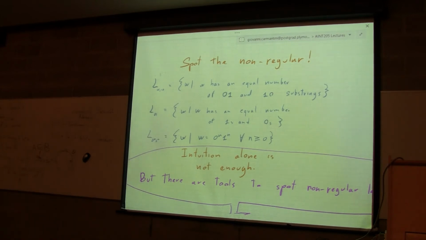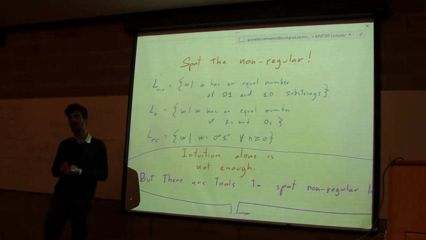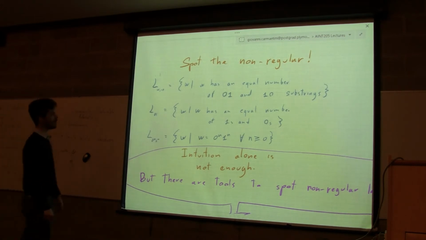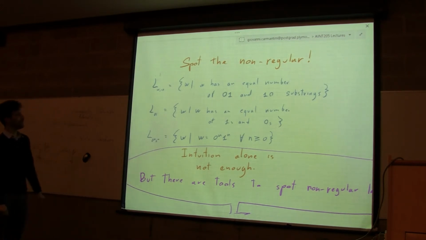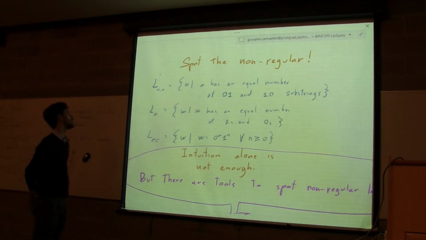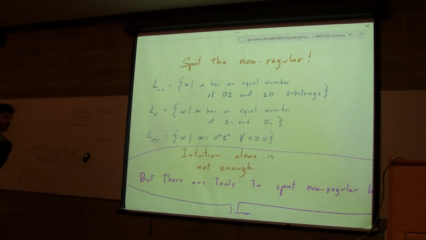But some problems may look non-regular, but actually that's just because you didn't find the right algorithm to solve it without using an unbounded amount of memory. For example, two of these problems are non-regular. The first problem is: a word in L0 has an equal number of 0 1 and 1 0 substrings.